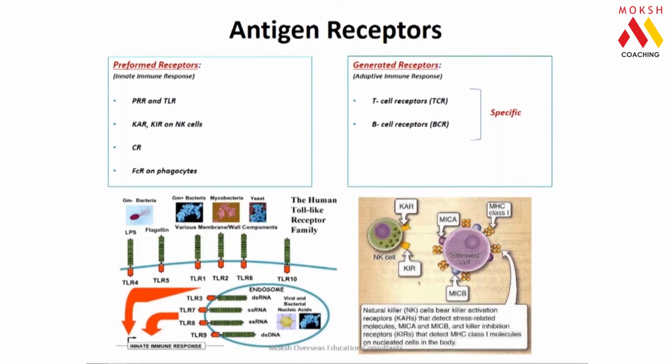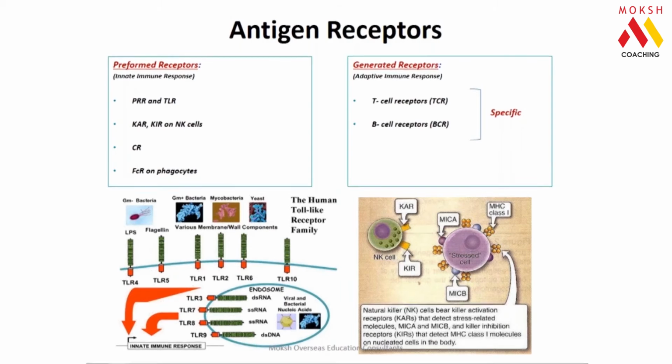We already have them. Now, we have, on the other hand, your generated receptors. And your generated receptors, those are your T cell receptor, TCR, and your B cell receptor, BCR. And those are the targeted receptors. Those are the specific receptors. And one thing you need to know about these receptors is there's only one of them per shape. There are not many, right?